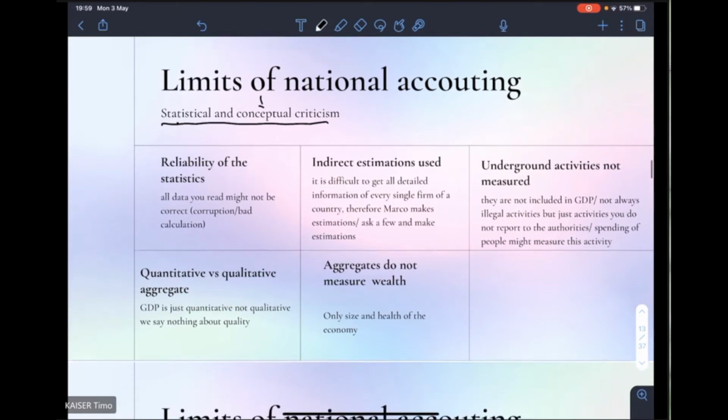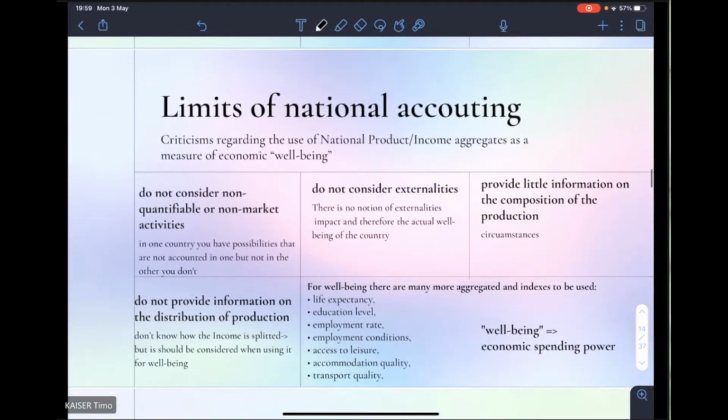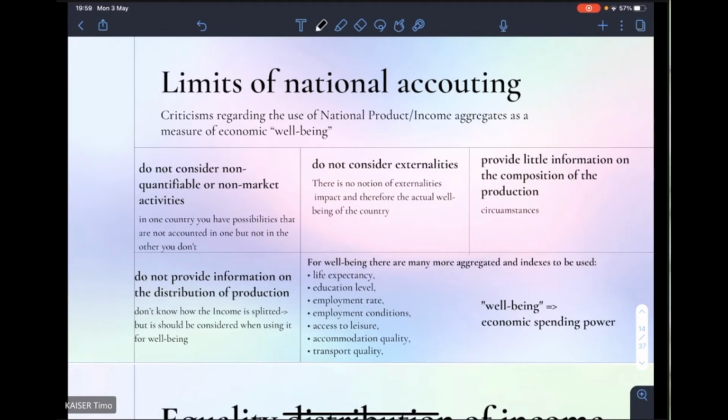The next one, we again have some more limits, but this is now looking at well-being. Because as I told you before, well-being is a delicate word to use here because it needs to be defined. And actually, GDP cannot really measure the well-being of an economy. Again, that's just theory, therefore I won't go too long into it.